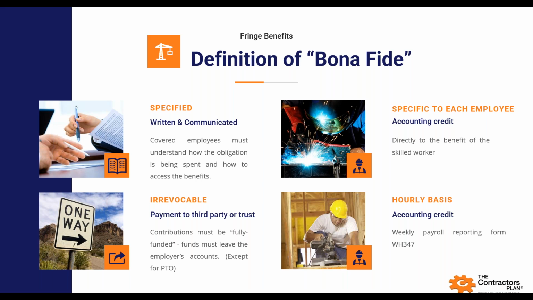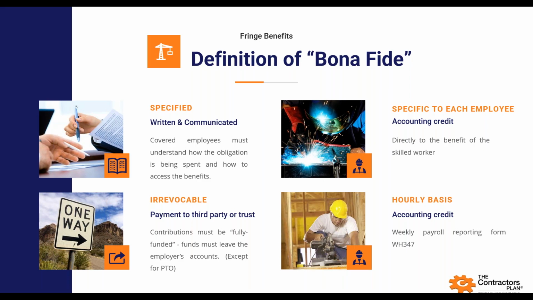A common error that I see is an employer has a self-funded plan and they take credit at the COBRA rate or some other rate, and meanwhile the funds have not left the employer's accounts. That is not acceptable. It must be specific to each employee.